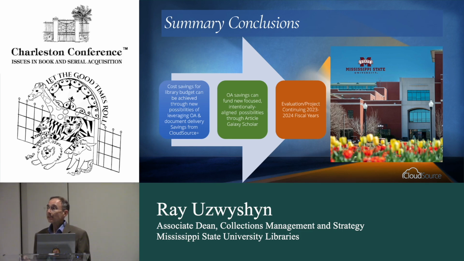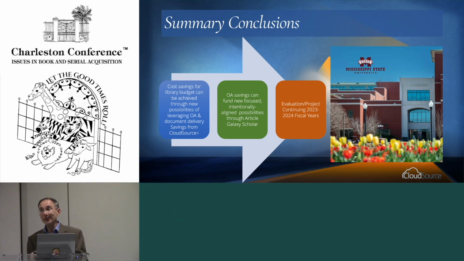The evaluation of this project for us has been quite successful in these last 6 months in terms of large monetary savings, and being able to buy more focused resources of things that we need. We are an engineering and agricultural university, and so those resources are quite important, but we don't want to shortchange the rest of the university.